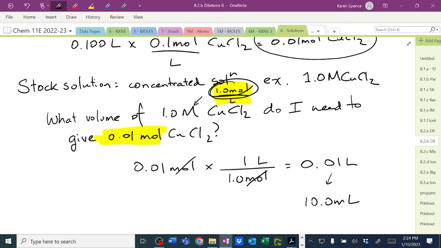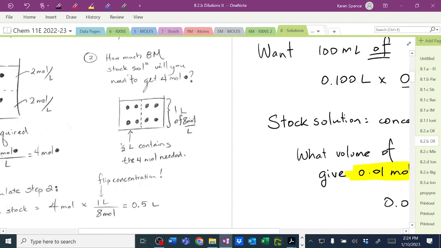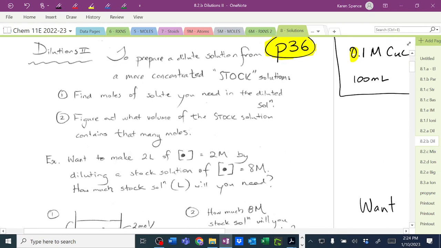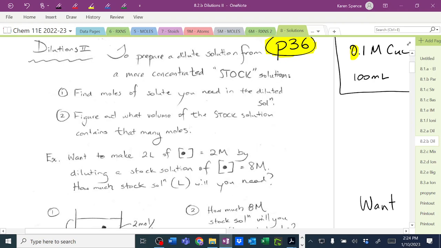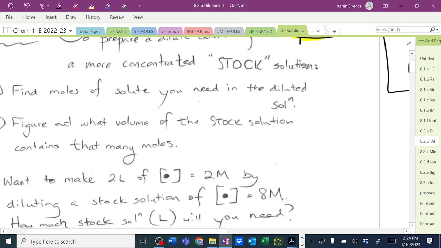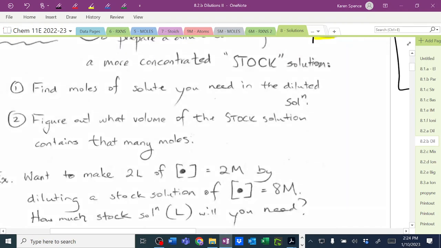So let's take a look at the little pictures that we've drawn here. Remember, when you're diluting something, the moles always stay the same. So for the diluted solution, you will be given the molarity and the volume.